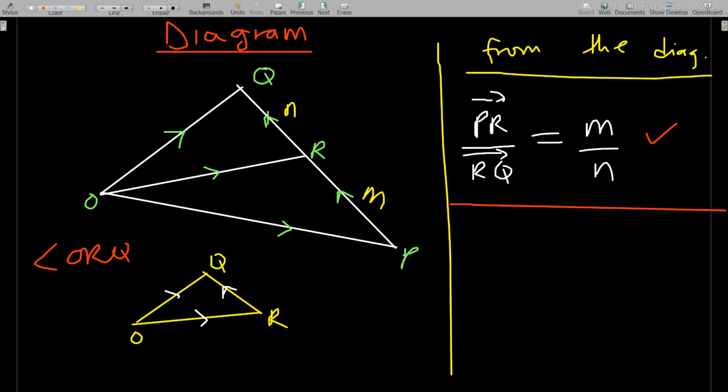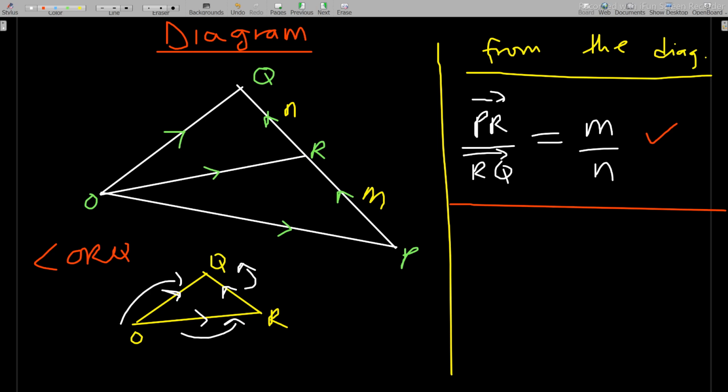So from this triangle, what can we say? We can say that from the triangle of vector addition, the ones that are moving in the same direction, you can see that OR is moving here, and RQ is also continuing like that. So their sum will be equal to the one that is moving in the counter direction.